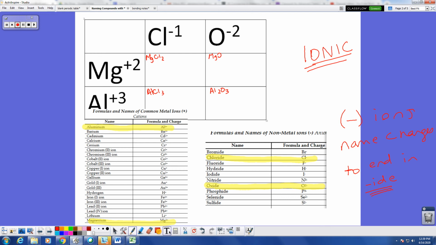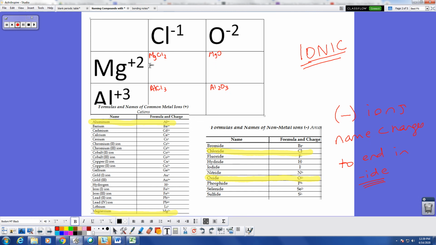And actually, I'm going to throw a little text box in there, except I want it to be smaller text. That's probably good. Then get my keyboard. So this would be magnesium chloride.